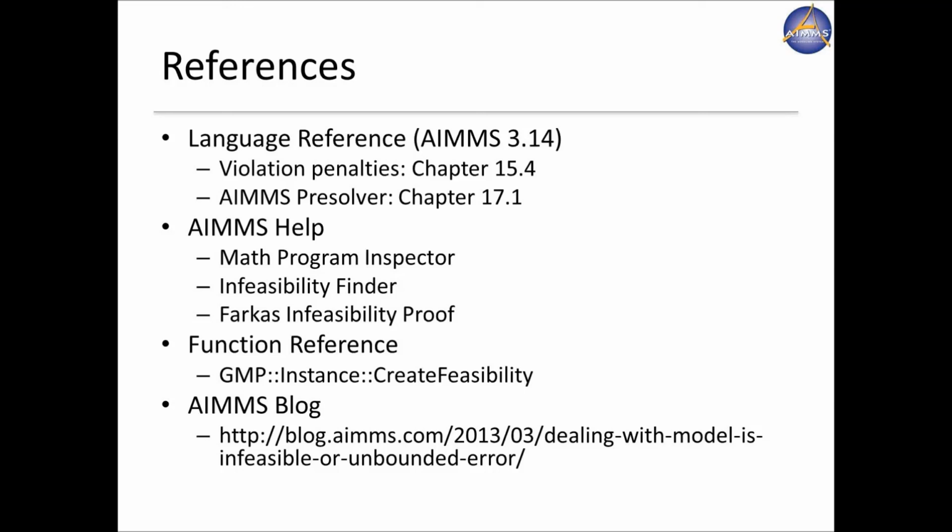For CPLEX and Gurobi or any other solver, there's not much you can do about that. The only thing you can do is switch the presolver off or on. You cannot do anything else. There's no other fine-tuning.